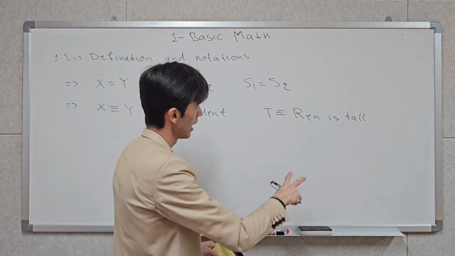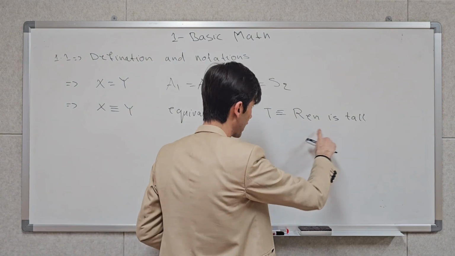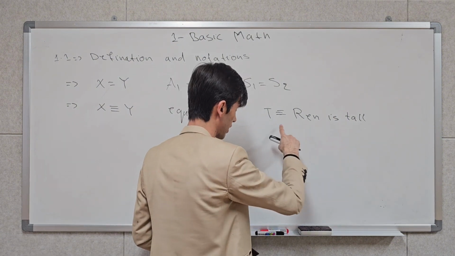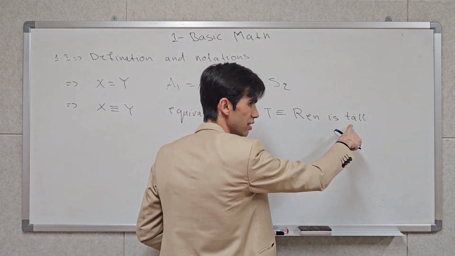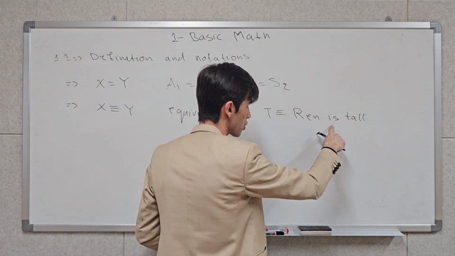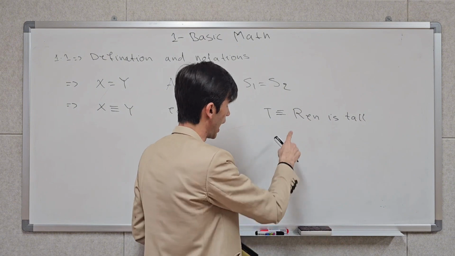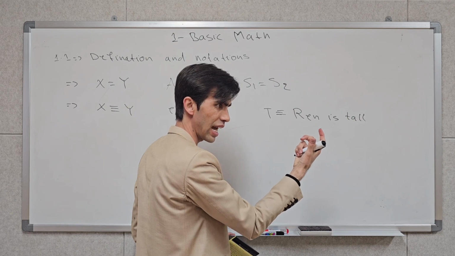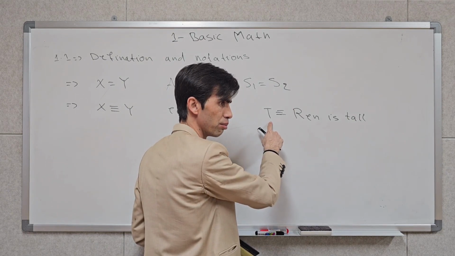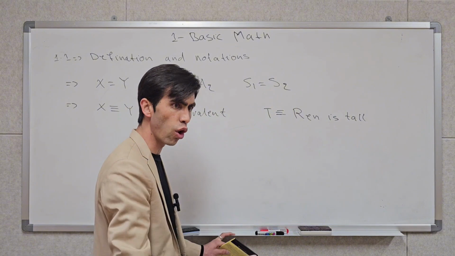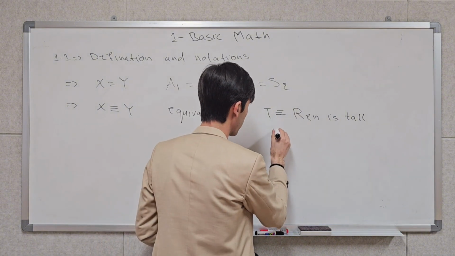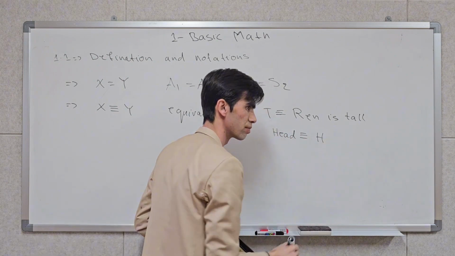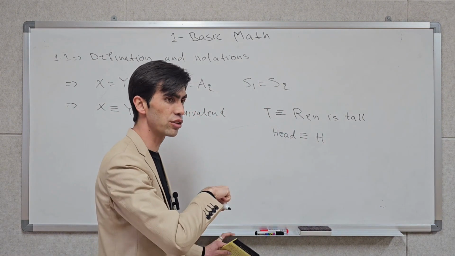It means that instead of Reynolds-Tall, we can use T. So Reynolds-Tall is a new concept, for example, and we just summarize this as a notation or as a shortcut by T. For example, in coin tossing, instead of head, we write down H. It means H is equivalent to head.